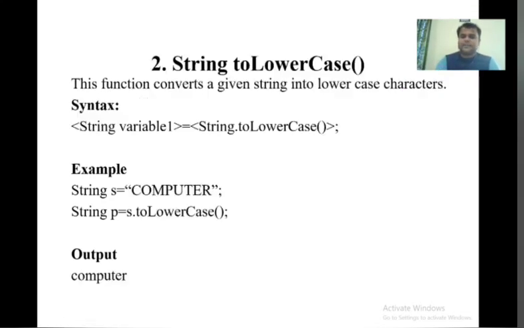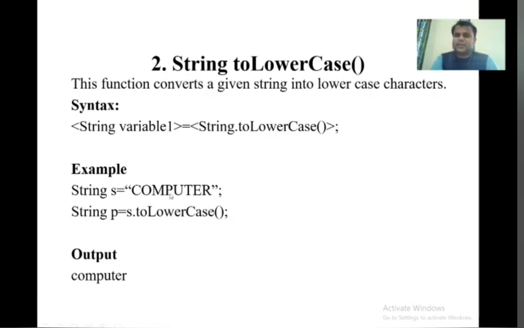This is trim. And the second one is how to convert uppercase into lowercase at a time. If it is a single character, in library classes we know how to convert uppercase to lowercase. Here, how can we convert directly from uppercase to lowercase? s dot toLowerCase.